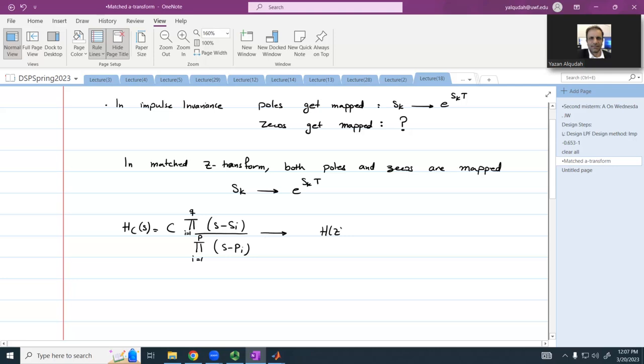I generate H of Z equal to K multiplied by the product from 1 to Q of Z minus e to Si multiplied by T, divided by the product from i equal 1 to P of Z minus e to Pi multiplied by T.